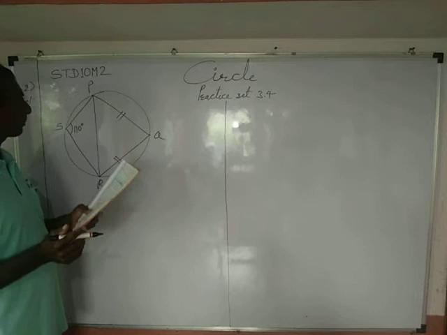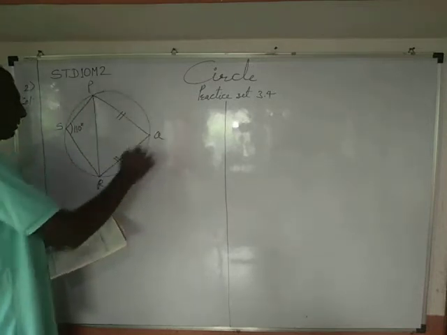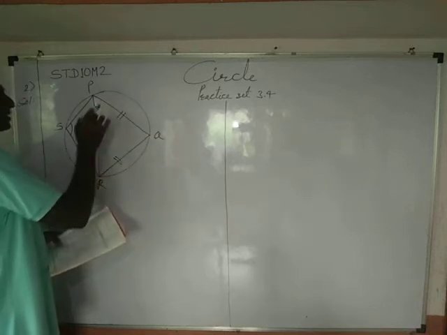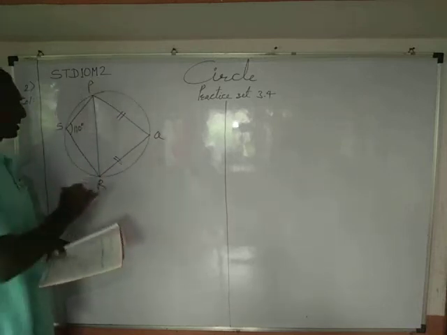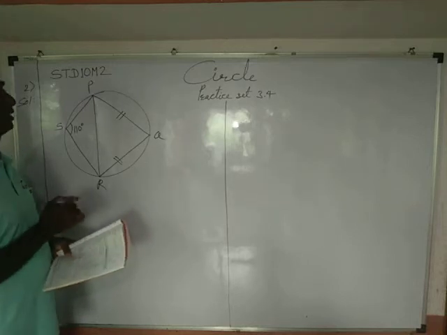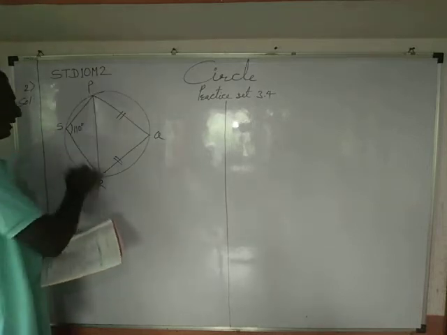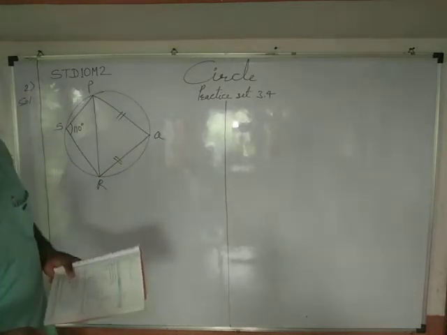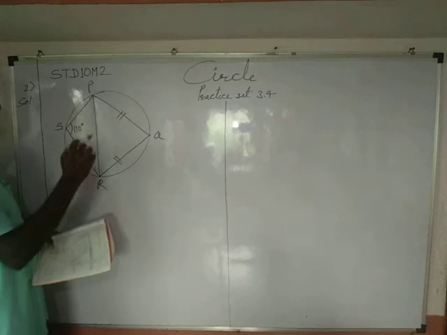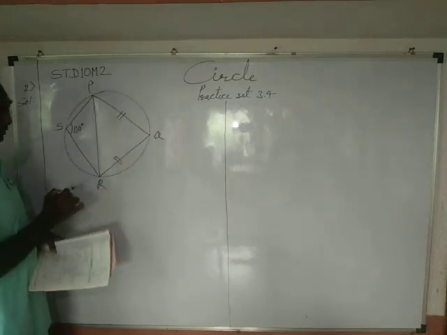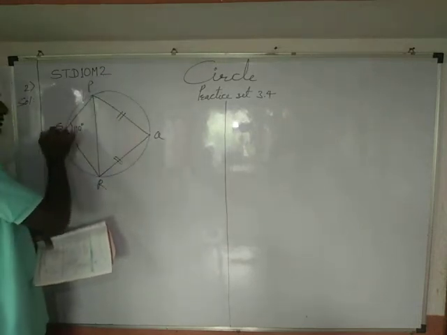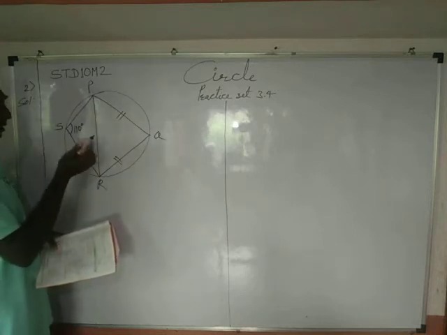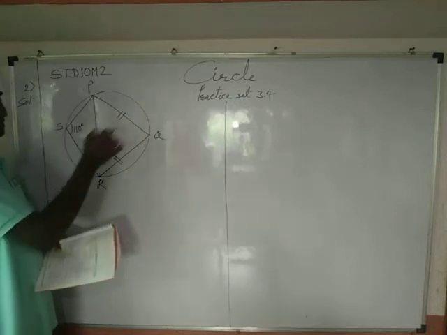Then the measure of arc PQR. Arc PQR is intercepted by inscribed angle PSR. And we know that the measure of an inscribed angle is half of the measure of its intercepted arc. Conversely, the measure of an intercepted arc is twice the inscribed angle which intercepts that arc.